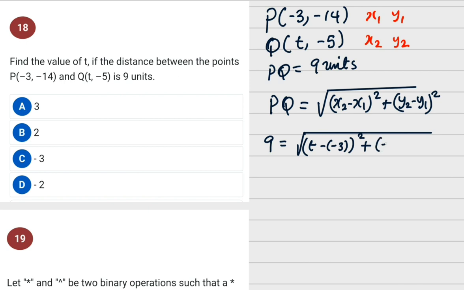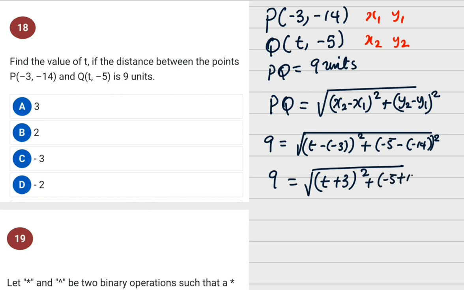My y2 is -5, so I have -5, then minus, we have minus 14, all squared. Okay, so 9 is going to be the root of (t + 3) all squared, then plus (-5 + 14) all squared.